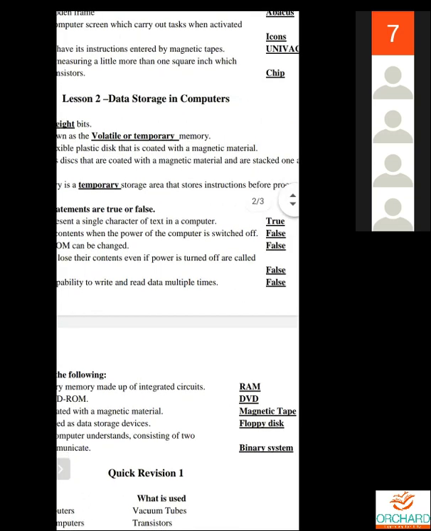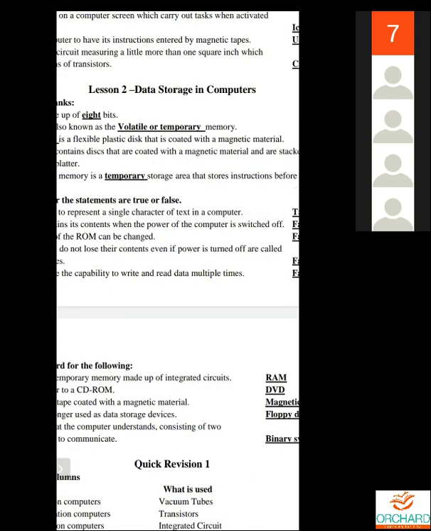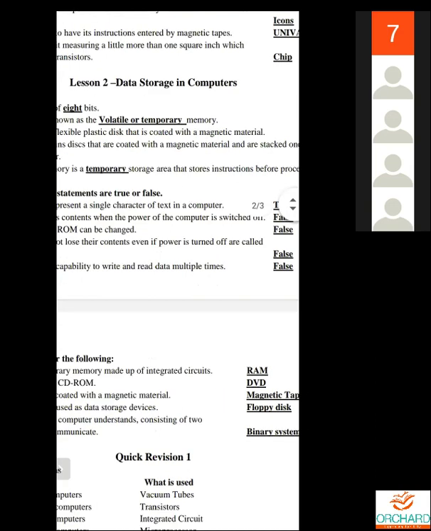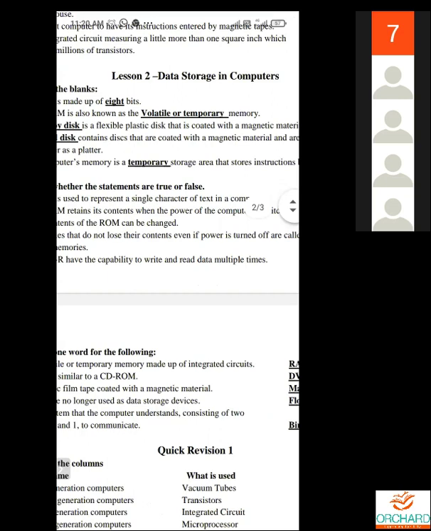Here they have given that it retains its contents when the power of the computer is switched off. So the statement is false. The RAM retains its contents when the power of the computer is switched off. False. Third one, the contents of the ROM can be changed.